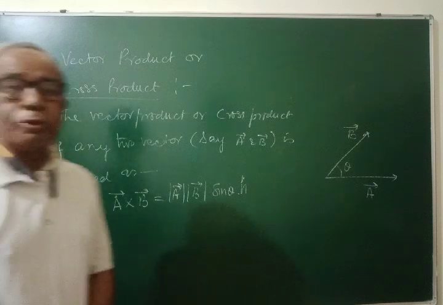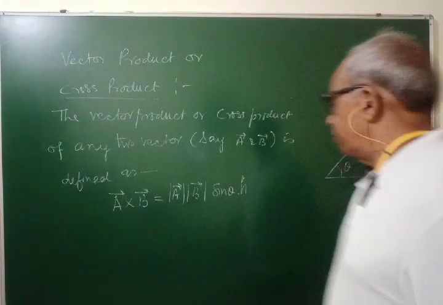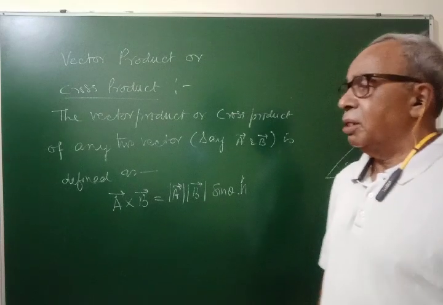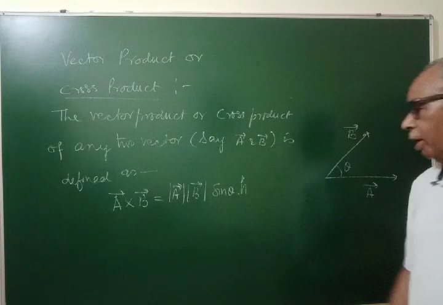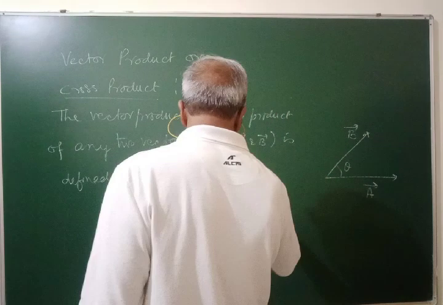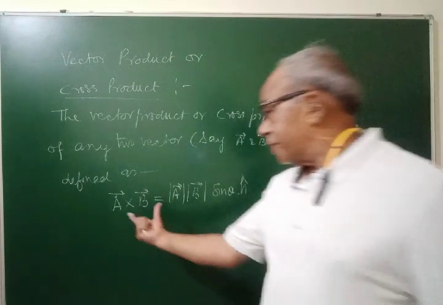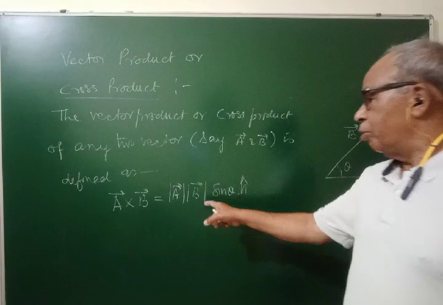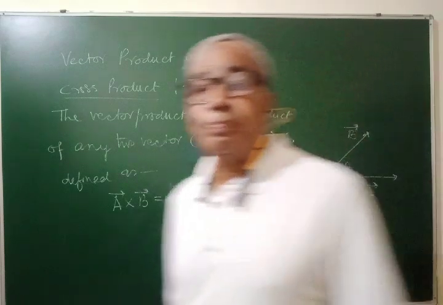A cross B comes a vector which is the product of the magnitudes of the two vectors, sine of angle theta between the two, into n cap. I am repeating, A cross B is one vector, whose magnitude is equal to modulus A modulus B sin theta and direction along n cap.